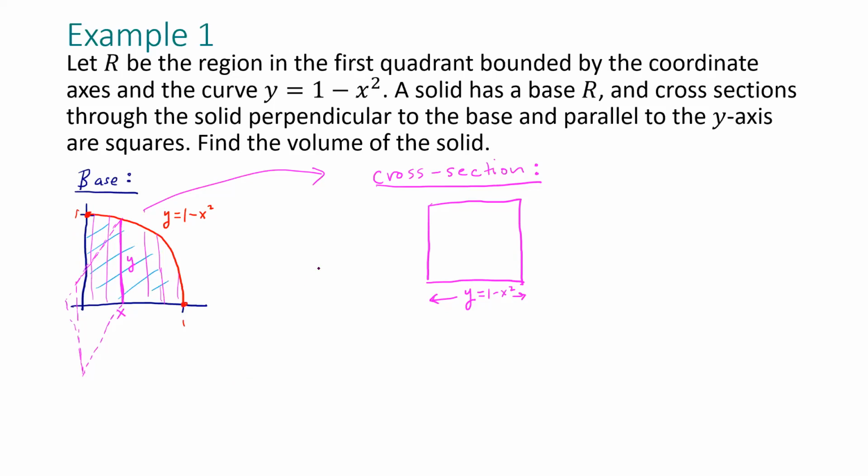Okay, so again, here I'm trying to help you visualize how this solid is formed, but there are these two pieces that we're putting together. We've got the cross sections that are being placed on top of our base. So the base here is like the bottom of our solid, and then the slices are these squares that are sticking out of the base.